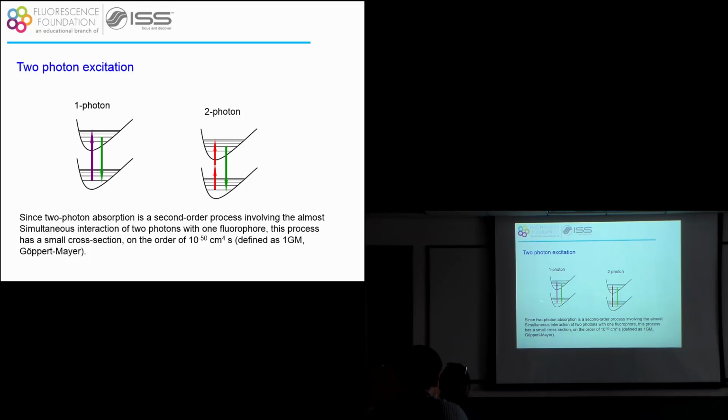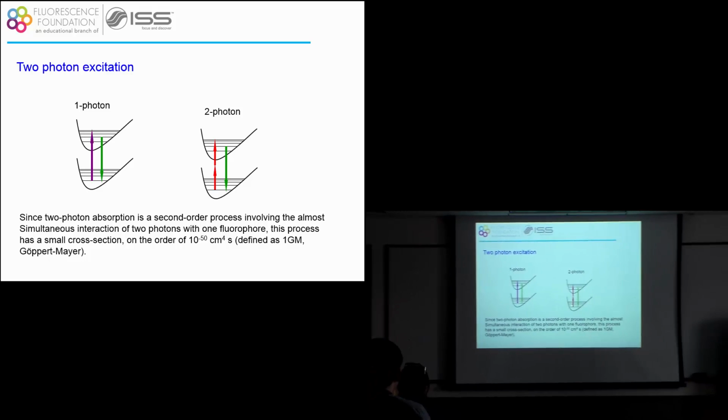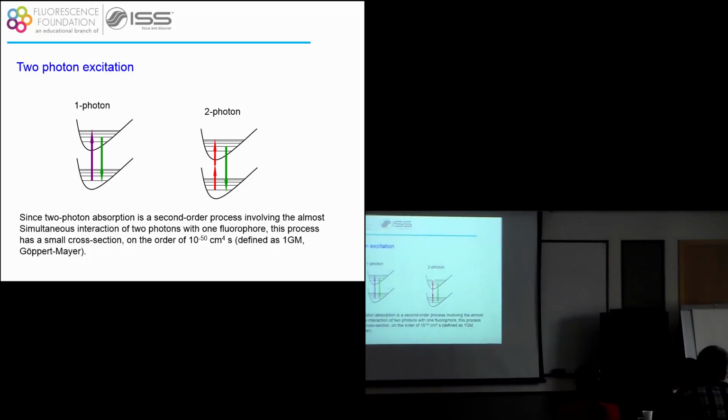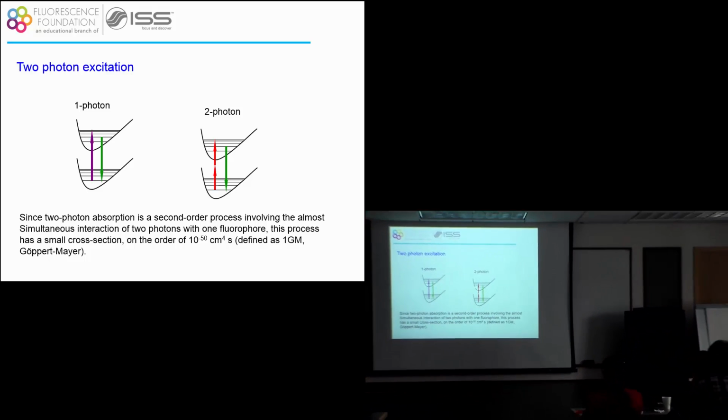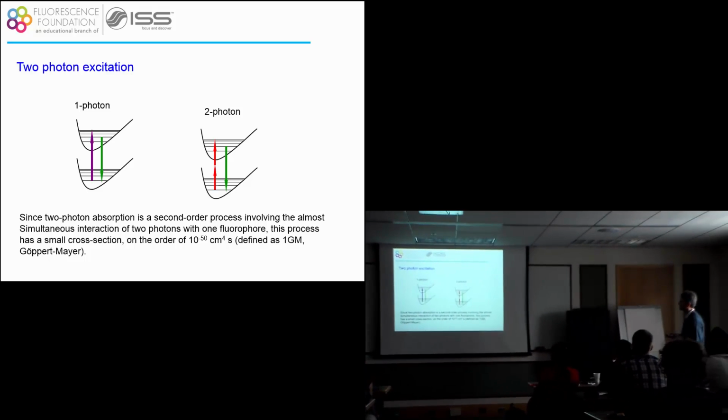Now, in quantum mechanics, this process is called a 1 photon, but the probability that a 2-photon process occurs is not 0, and it can actually occur.